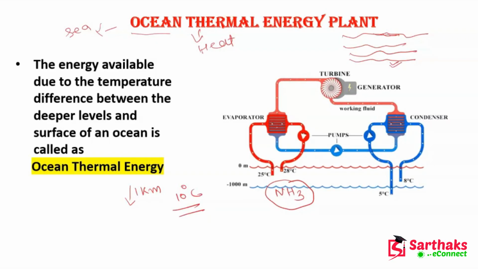At this temperature, the ammonia is in a liquid state. We send this ammonia to the evaporator, where the temperature is higher. The evaporator evaporates the ammonia and converts it into gas.